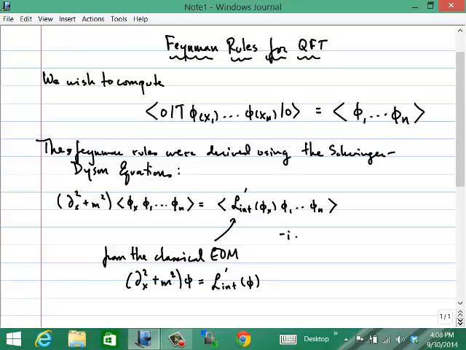So minus i h bar, if we feel like using units where h bar is not equal to 1, times a sum of terms with a delta function, this coming from the commutator, and essentially what one does is removes, using the commutation relation, a phi x and one of the phi i's from this commutator.